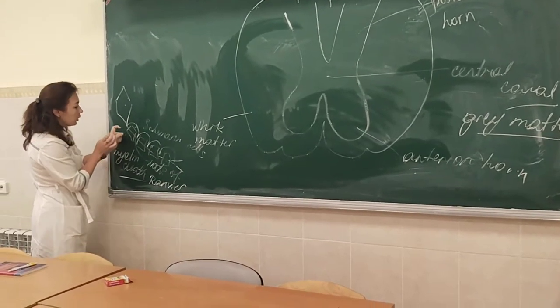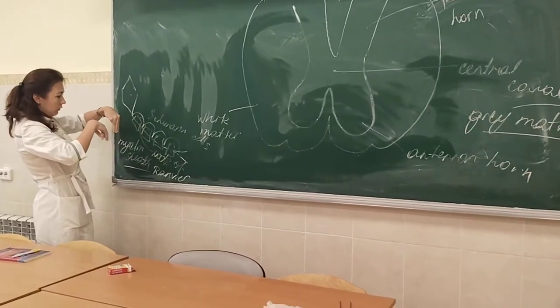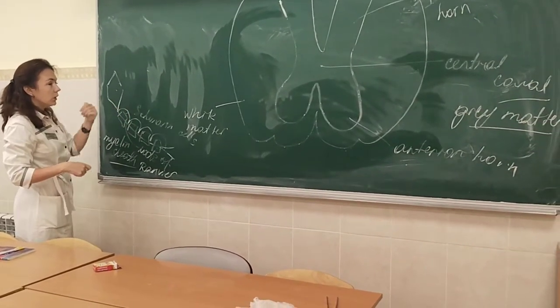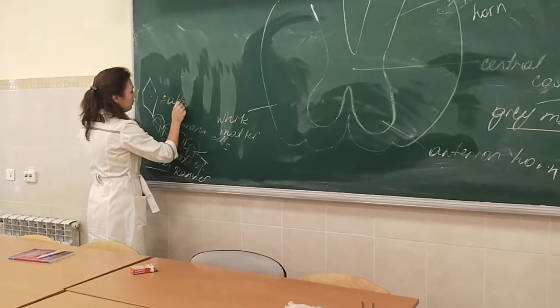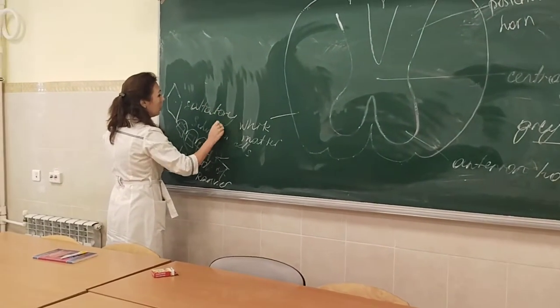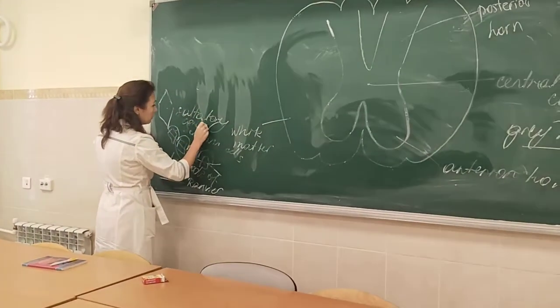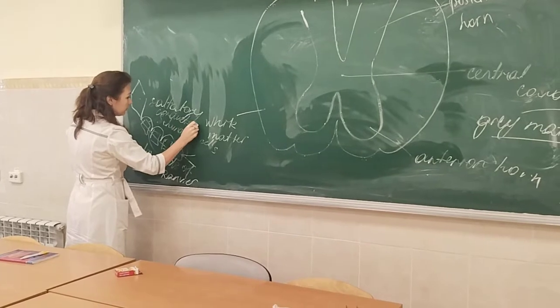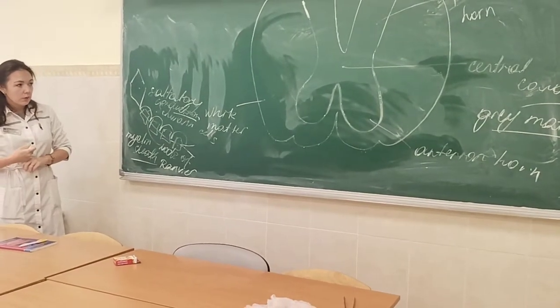Along the Schwann cells, it passes very fast and it makes a pause in the node of Ranvier. Such a type of conduction of nerve impulse is known as saltatory conduction. And it is much faster than without Schwann cells.